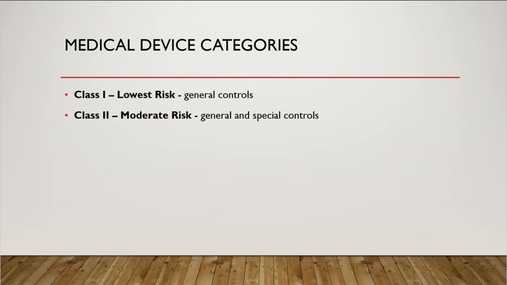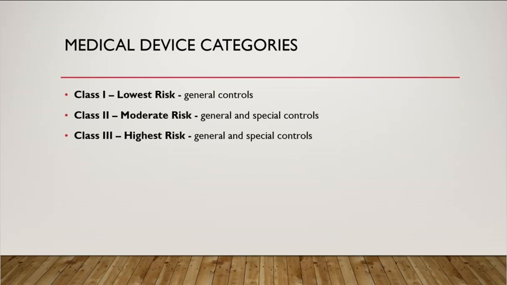Now, class 2 has got some moderate risk, and those would be subject not only to general but special controls. And an example of a class 2 device is something like non-invasive blood pressure monitors. Class 3 are the highest risk, and they have general and special controls.